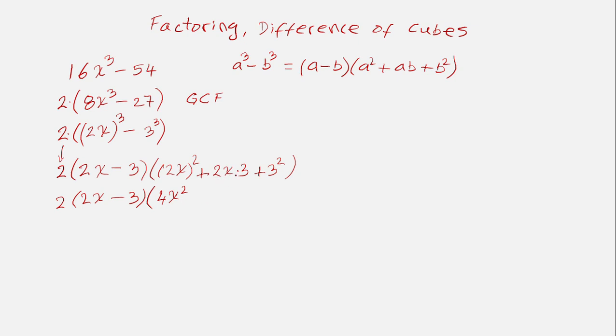And then here 2x times 3 is actually 6x. And then 3 squared is actually 9. And that will be it. We actually factored this binomial right here, which turned out to be a difference of cubes. And this is our answer right there.